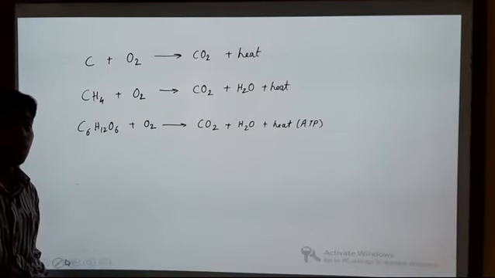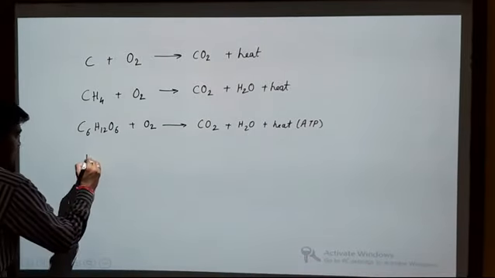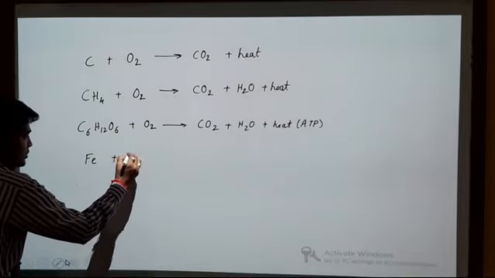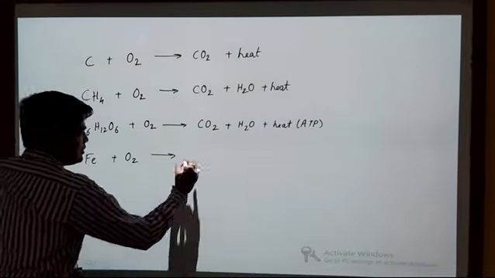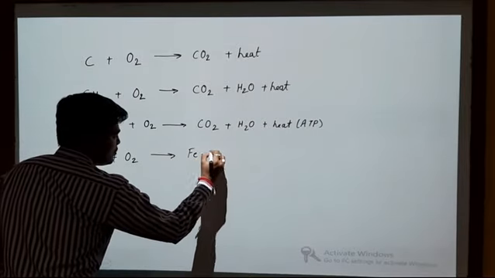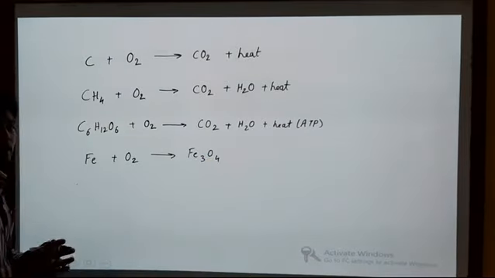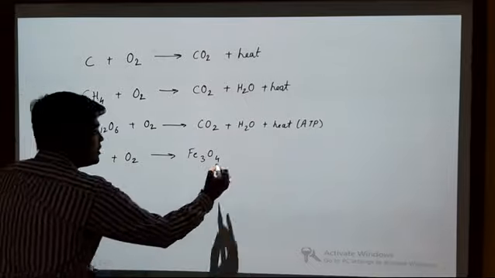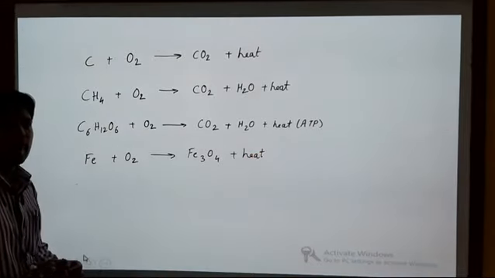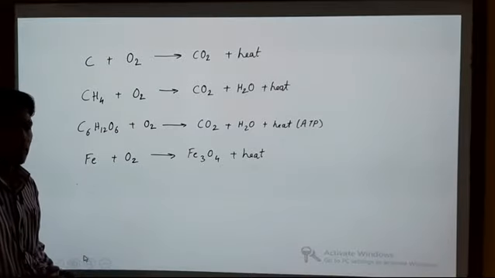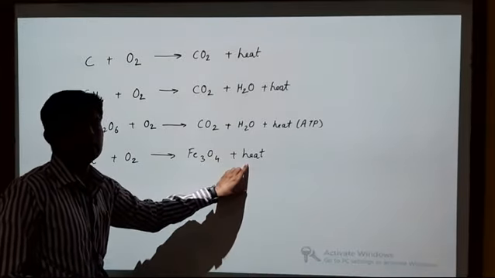Another example, rusting of iron. That is iron when reacts with oxygen, it gives you rust, Fe3O4, and it is a type of slow combustion in which heat is also evolved. But the reaction is so slow that you do not come to know that heat is getting evolved.